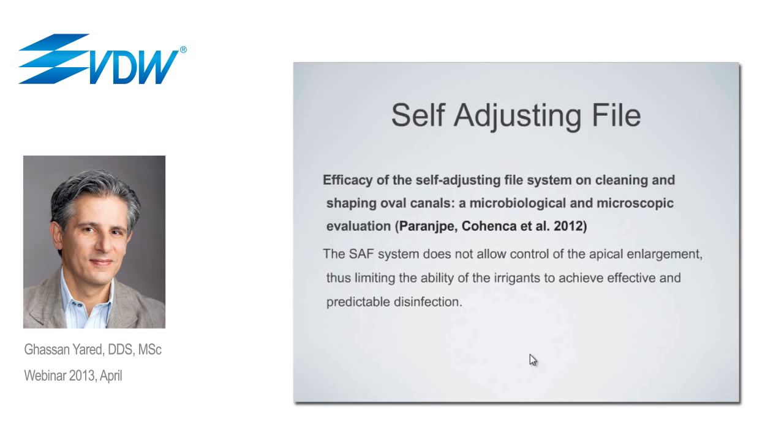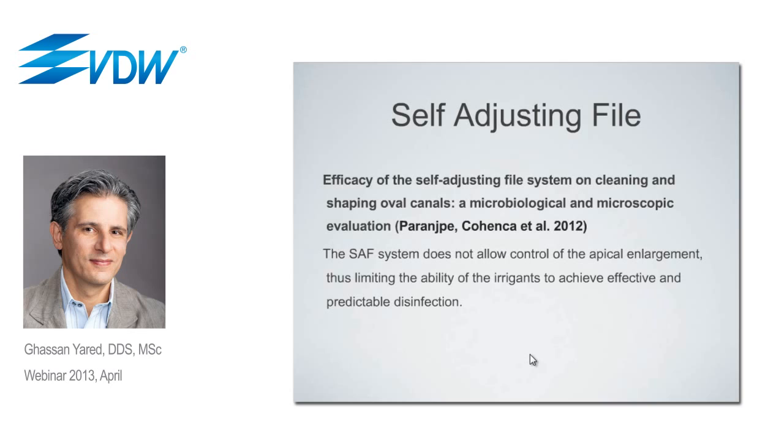it is only fair to talk about the SAF instrument when we talk about single file reciprocation. I think you are familiar with the SAF instrument, the self-adjusting file. For me, the major issue with the self-adjusting file is that before using the SAF, we have to create a glide path to a size 20 or a size 30 hand file.